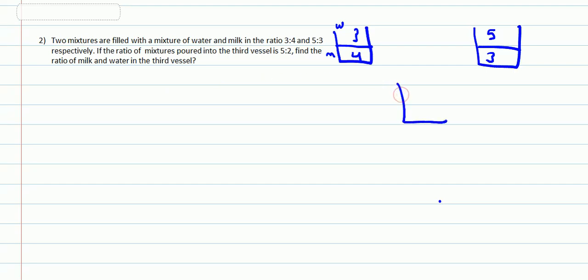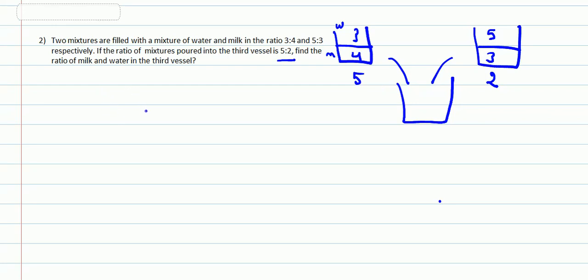Now see guys, we have a third vessel here, and in the last question it was not mentioned what quantity we were taking from which vessel, and in this question it is mentioned that we are taking 5 parts from this vessel and 2 parts from this vessel in order to create a mixture, and we are supposed to find the ratio of milk and water in the third vessel. Now we'll be repeating the trick again, and it's very simple.